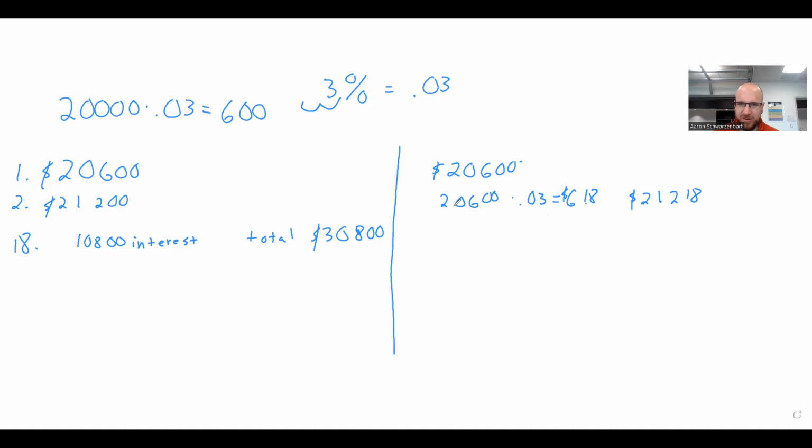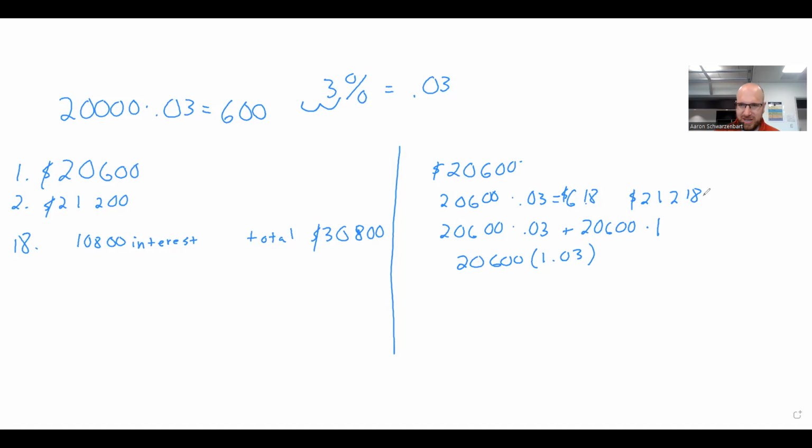If you want to go directly to it, what I'm doing here is 20,600 times 0.03, and then I added 20,600, essentially times 1. What I can do here is 20,600 times 1.03.